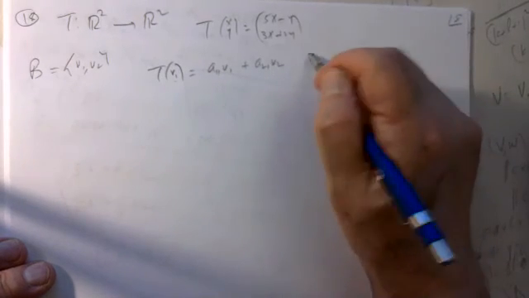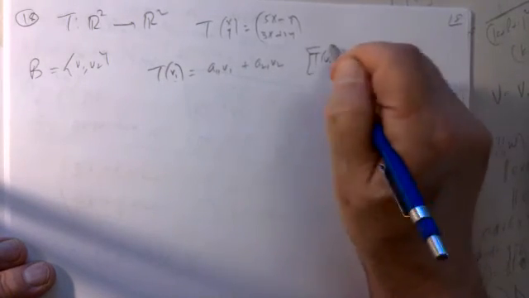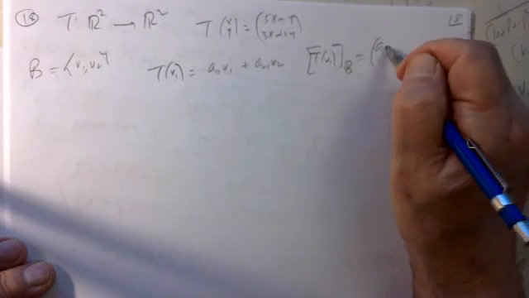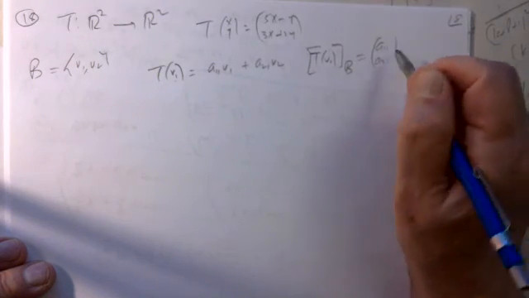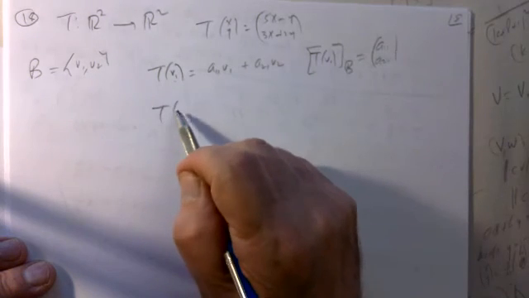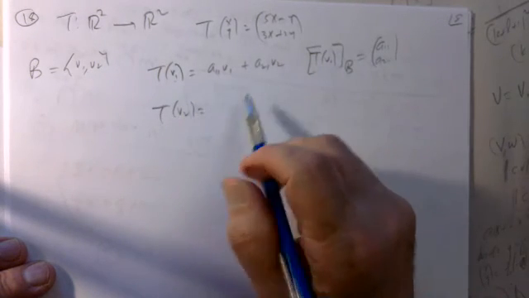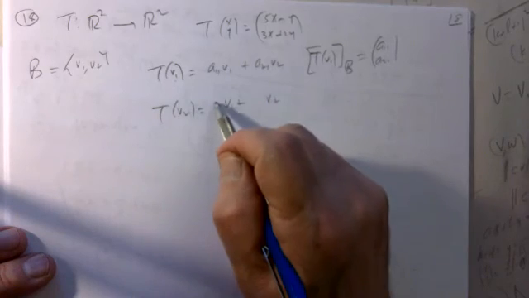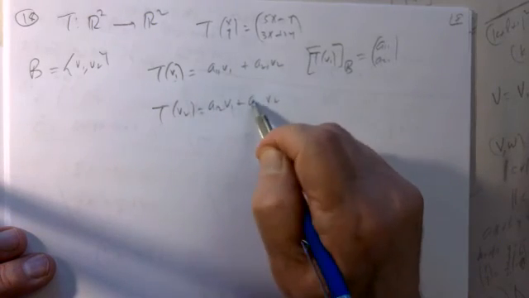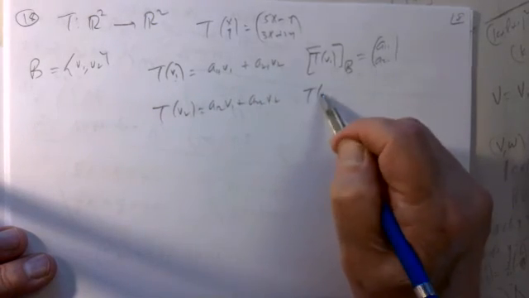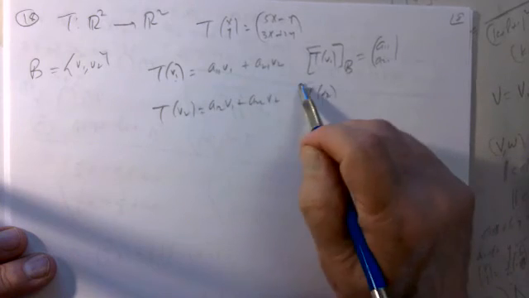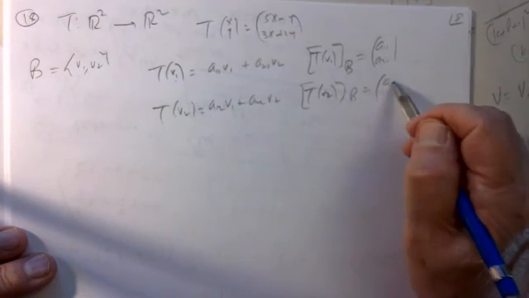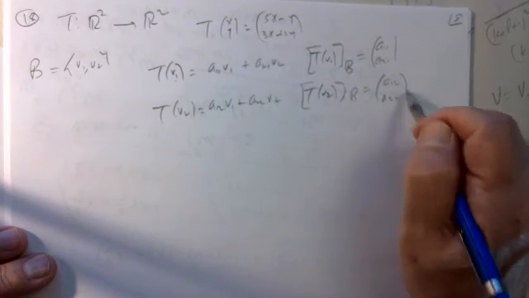And another way of saying that is T of v1, the coordinate vector with respect to the basis B, is a11, a21. And similarly, T of v2 will be some linear combination of v1 and v2. So let's call the coefficients a12 and a22. So T of v2, the coordinate vector with respect to B, is a12, a22.